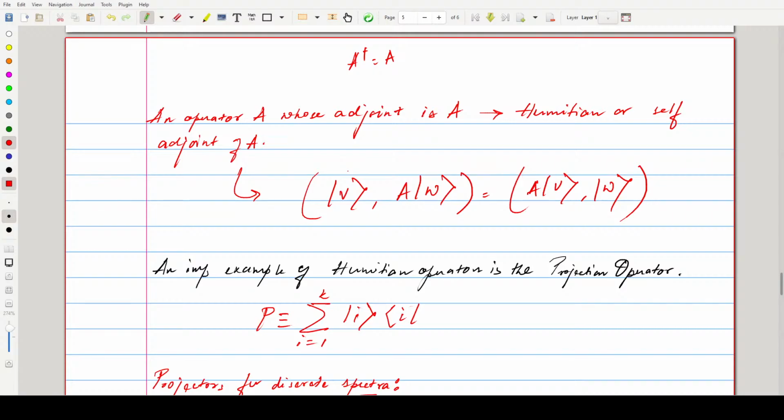Yeah, Turbasu, I just wanted to ask something from the book. Yeah, go ahead. After this definition, this V, comma A W definition, it says that from the definition it is easy to see that AB dagger is equal to B dagger A dagger. It wasn't easy for me to see that. Is it important to understand that part, do you think?